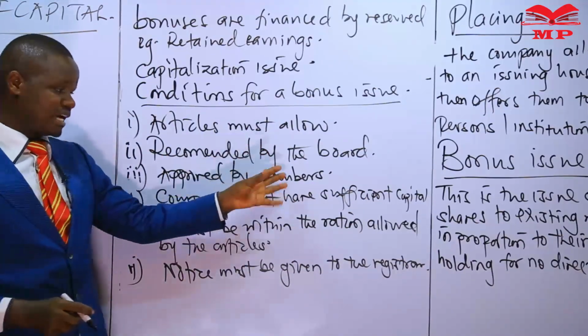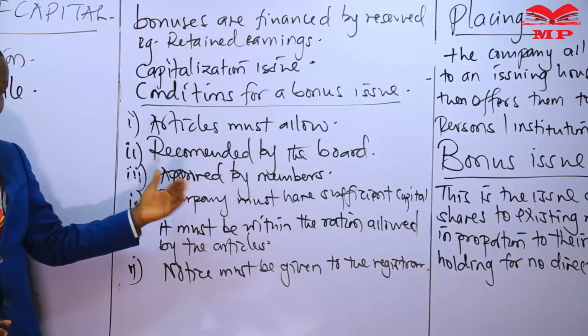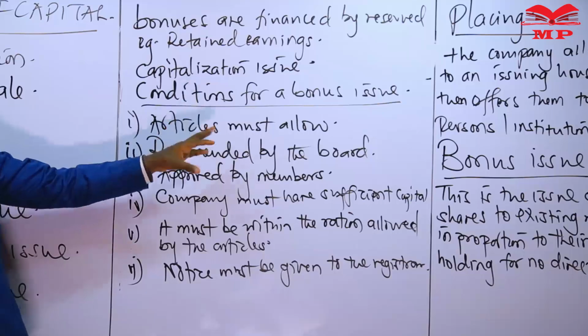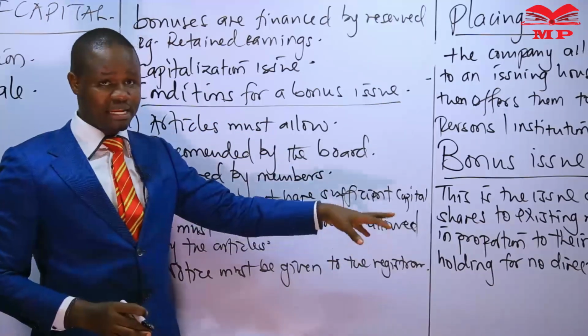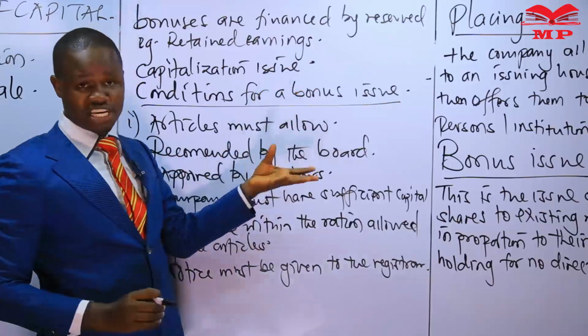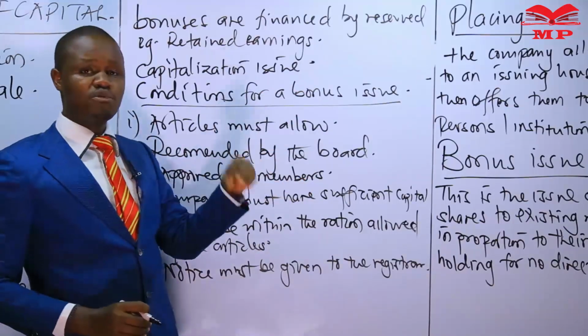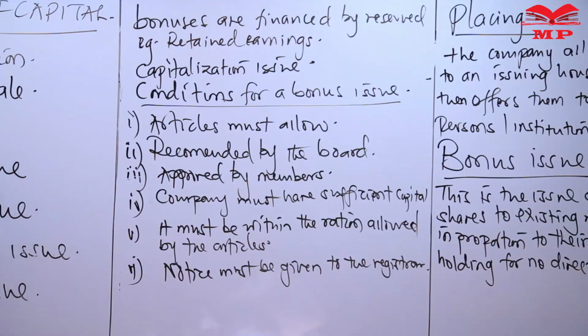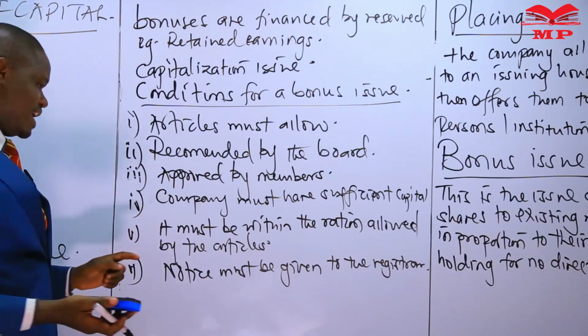In our specific case, we are talking about the Capital Markets Authority. If the company executing a bonus issue is a public company quoted in the Nairobi Stock Exchange, for them to effect a bonus issue, they will need the approval of the Capital Markets Authority, which is the regulator of the publicly traded companies. So that is the bonus issue and the conditions that we must observe to effect a bonus.